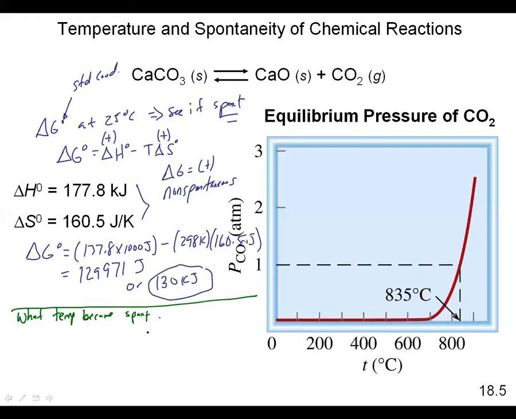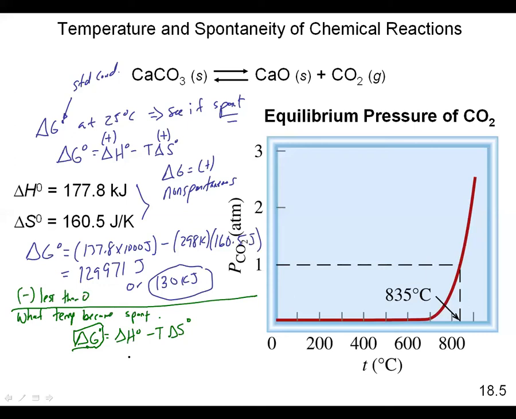So we could use our same formula here to figure that out as delta G equals delta H minus T delta S. What we know is for it to become spontaneous, our delta G here has to be negative, which means that's less than 0, right?